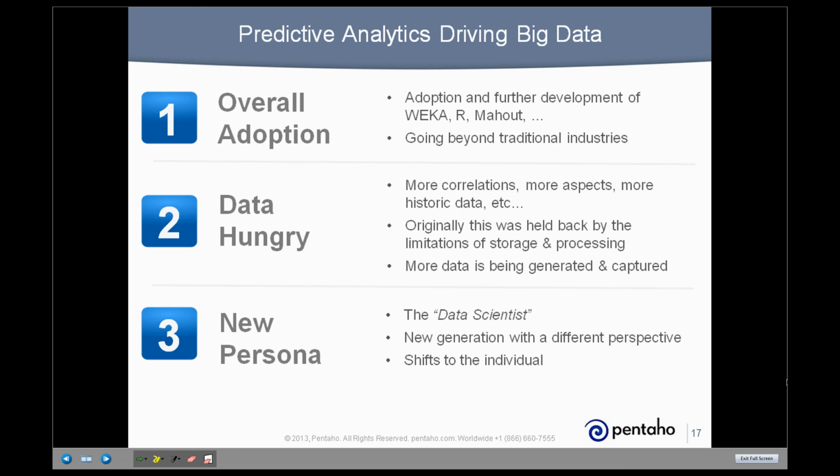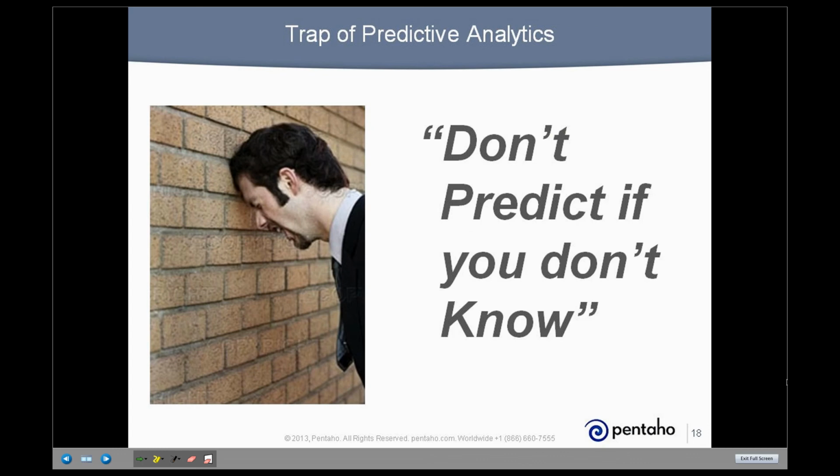And that obviously is helping the adoption of predictive, but also driving big data solutions. There is this whole new generation with a different perspective, and there's definitely the need for organizations and the desire also to shift to the individual. While people were perfectly happy marketing to segments, to target audiences, now people are figuring out how they can target the individual.